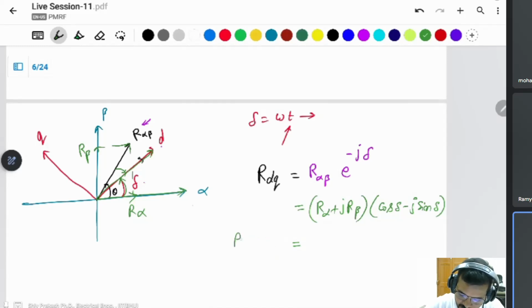The same thing you can use, rd plus j rq, because of the 90 degrees the j is okay, where the difference between two axes is 90 degrees only. That's why you can use j directly.